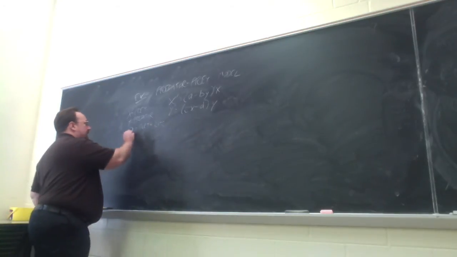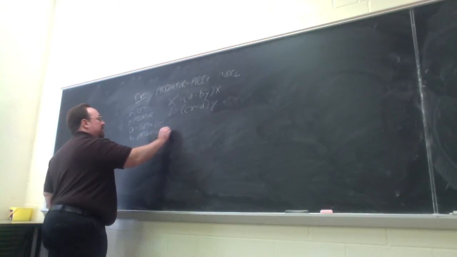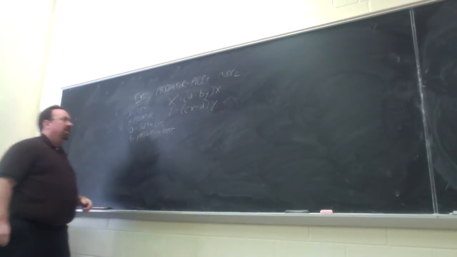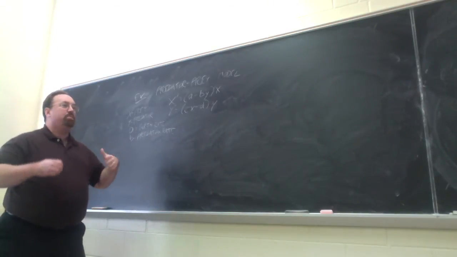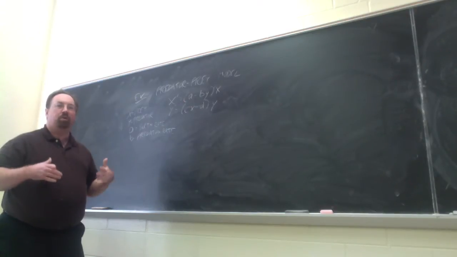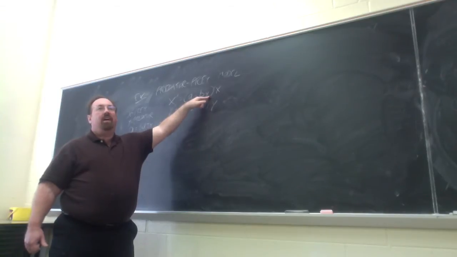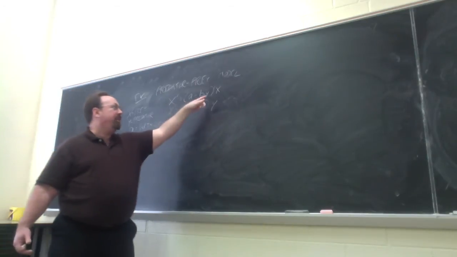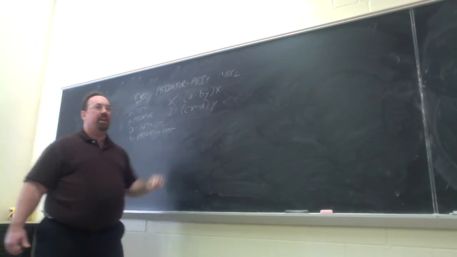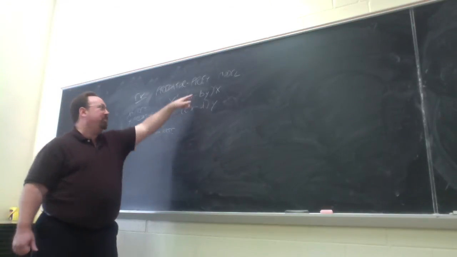So B you can think of as a predation rate, basically how likely X is to be gobbled up by Y. Now, the more predators you have, the more likely you are to get eaten, so that's why we have the factor of Y in here. This is the rate of predation per predator, and you multiply it by how many predators there are, and then you have your real likelihood of getting eaten. And of course, that's going to knock your population down, so that's why there's a big old minus here.